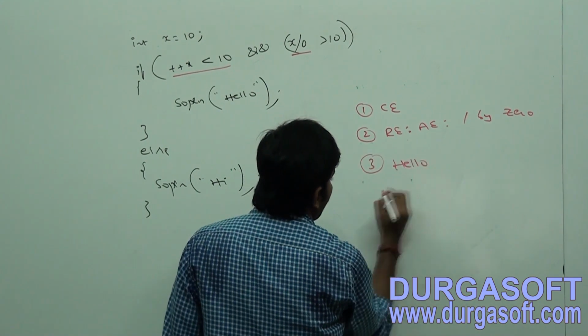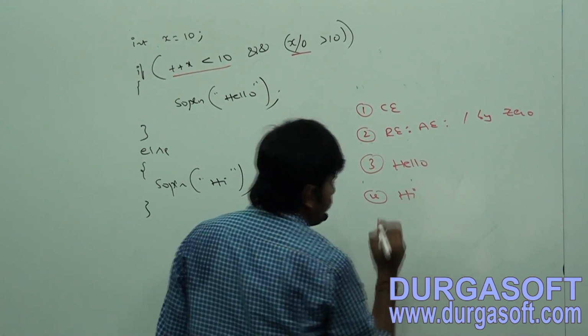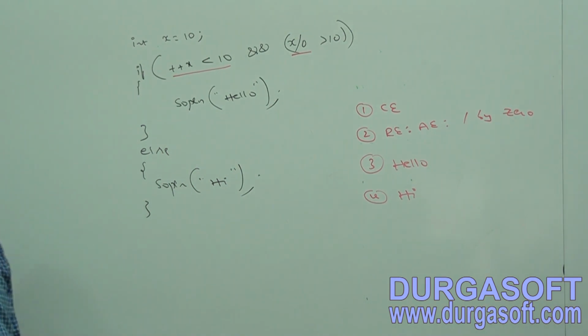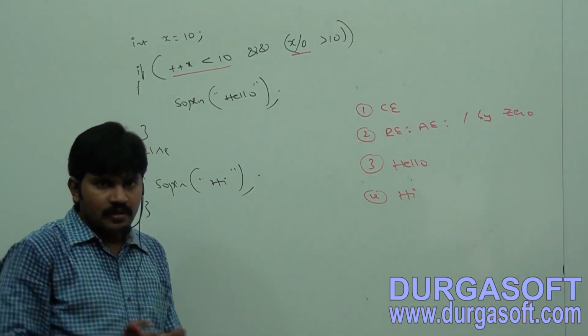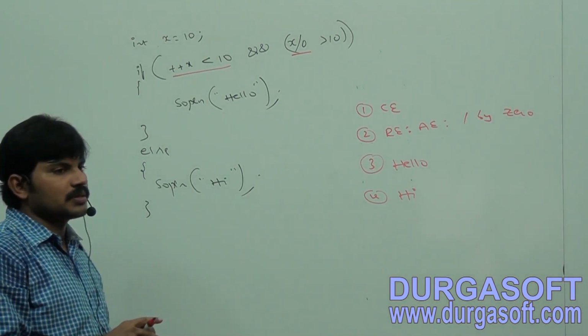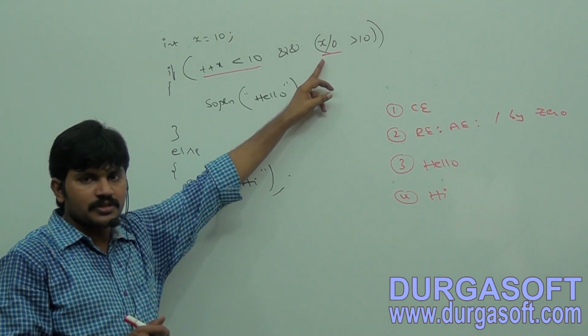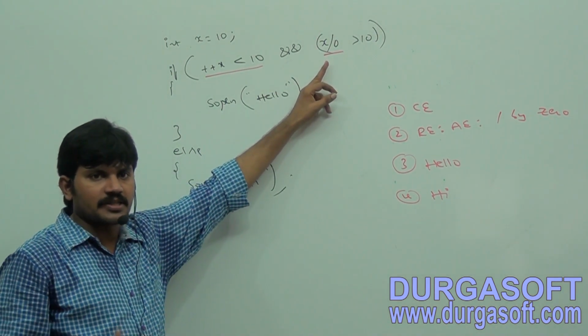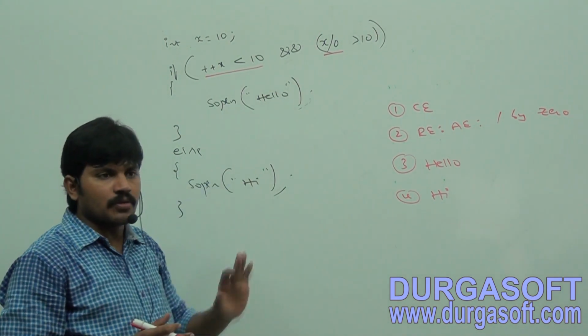Third option, hello. Fourth option, hi. Now, which one is correct? By overlook, most people think 10 by 0, division by 0, arithmetic exception, and most of the people are going to fail.